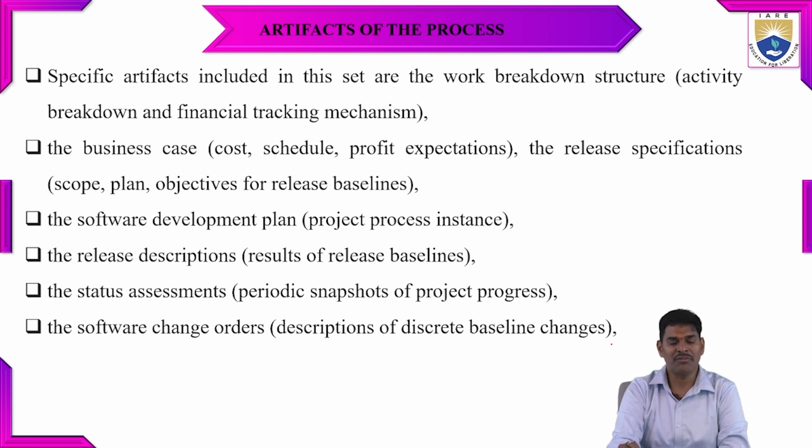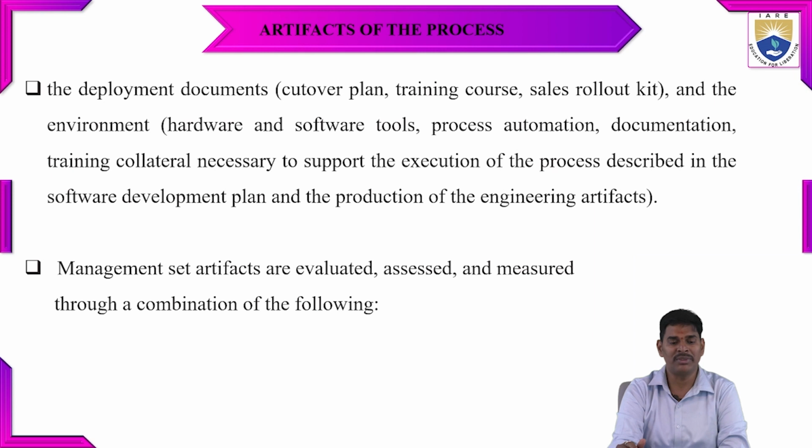The next one is the software change orders. They need to check the discrete baseline changes to be used to describe each and every one. And the last one is the deployment documents. These deployment documents have to include the cutover plan, a training course, and a sales rollout kit.